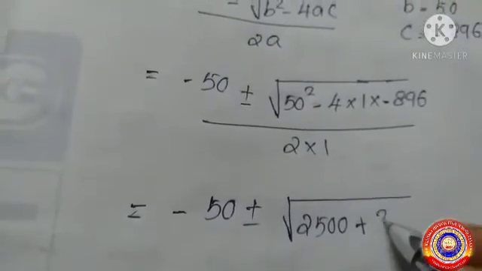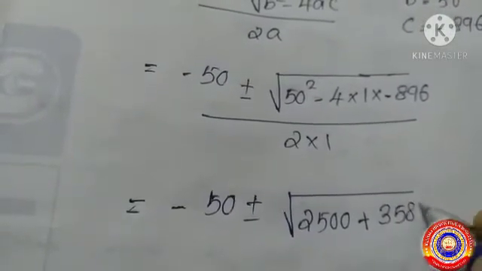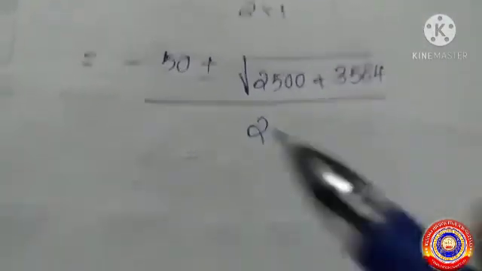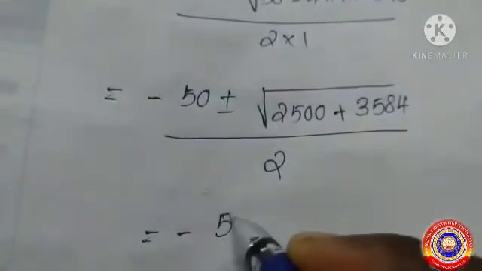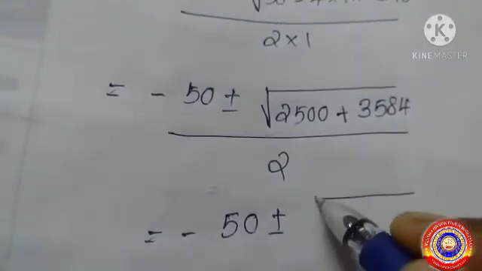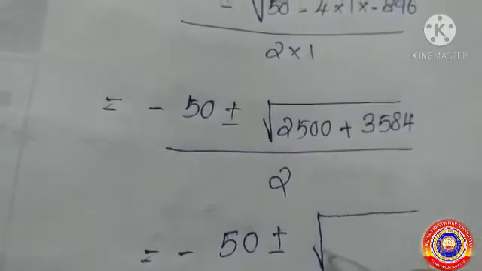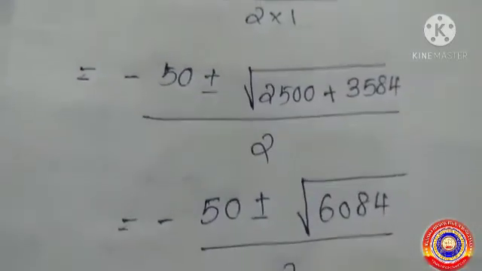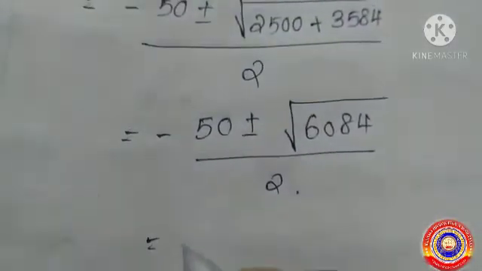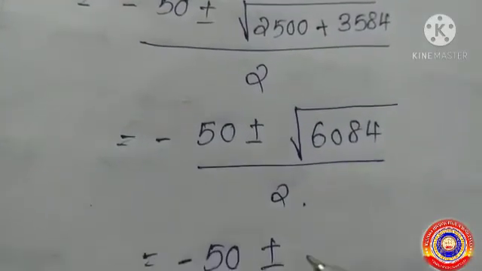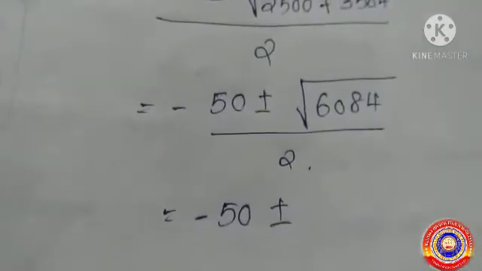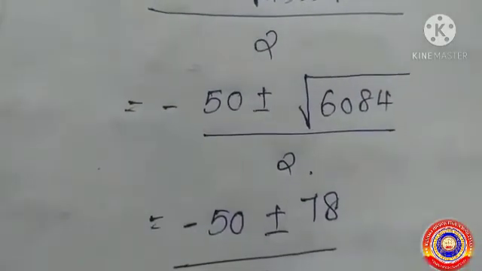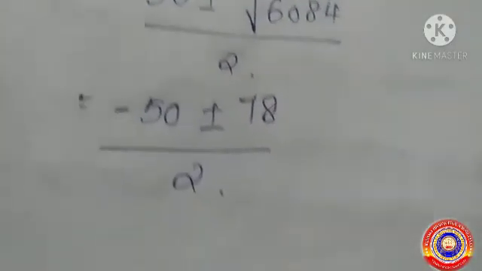So plus 4 into 896, which is equal to 3584, divided by 2, which is equal to minus 50 plus or minus root of 6084, divided by 2, which is equal to minus 50 plus or minus root of 6084 equal to 78, divided by 2.